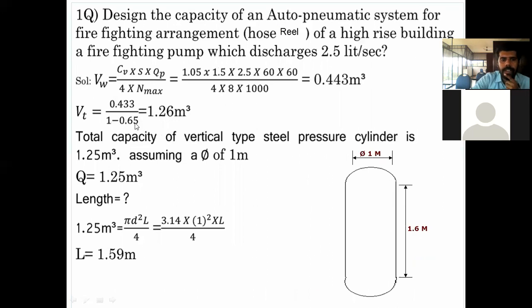So 0.443. This is not 433, this is 443 only.